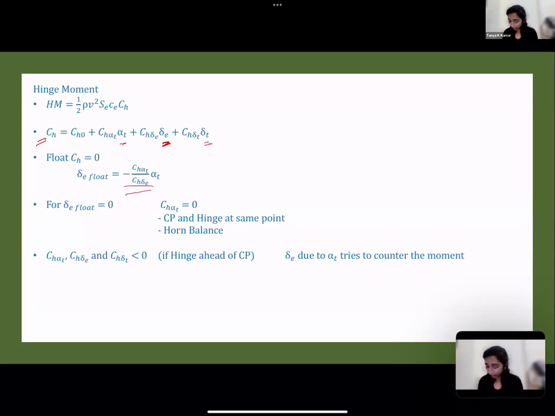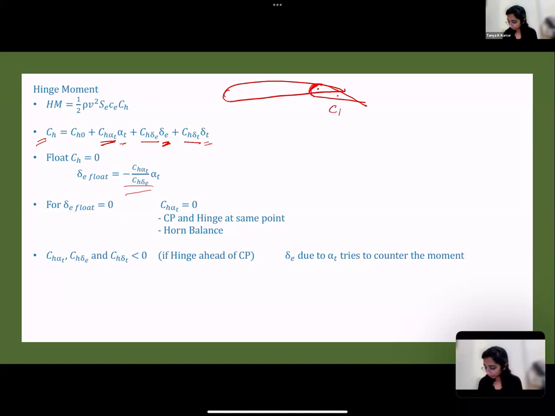Before that, these derivatives, CH alpha tail, CH delta E, CH delta T, are they positive or negative? Let's start with the first one, CH alpha tail. Is it positive or negative? I'll just draw this is the tail. This is your elevator. And this is your hinge line.